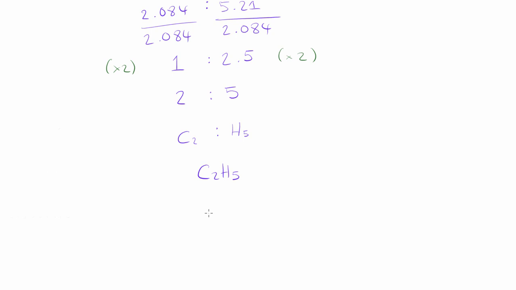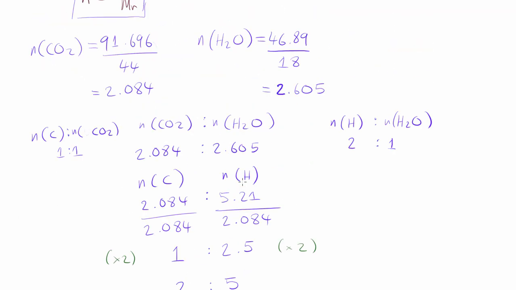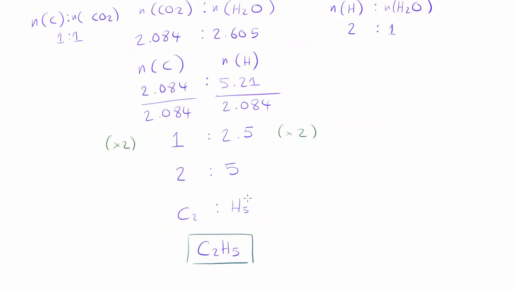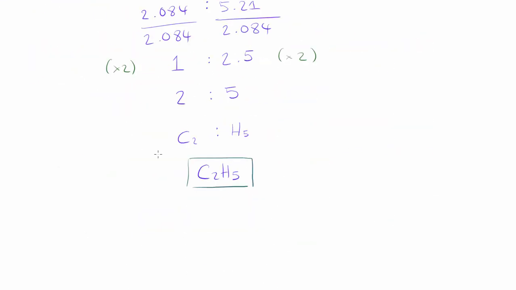Is this the simplest whole number ratio? And the answer in this case is yes. This is our simplest whole number ratio. So for this particular question, the empirical formula is C2H5.